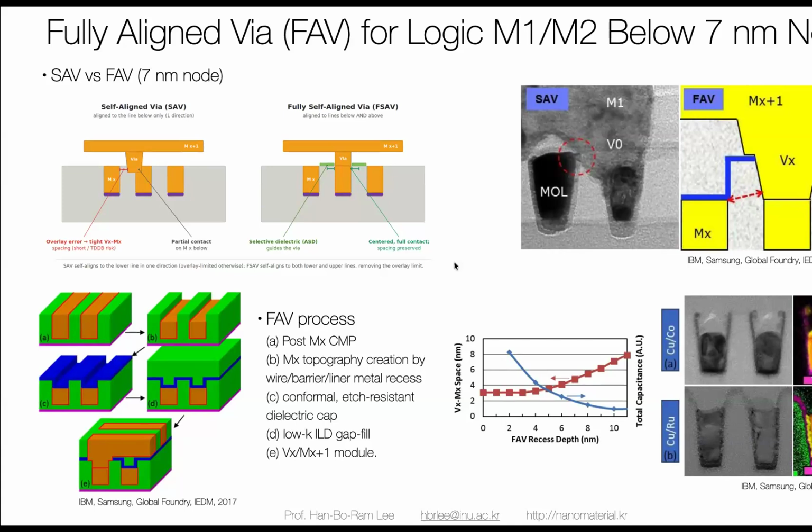This is the image right after the recessing process. They are intentionally making an additional selective layer. This is not the selective growth, but a barrier of the dielectric. And they are making the distance between this line and the other line.